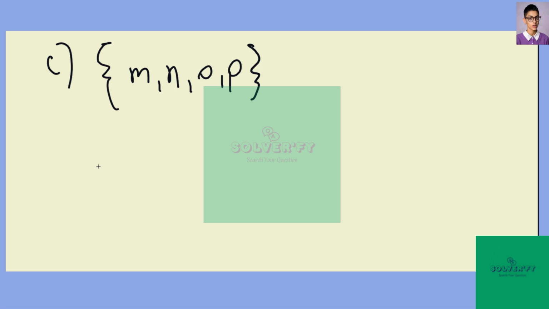So we can say this is the set of all, pick some variable, let's say the set of all x such that x is an alphabet letter.